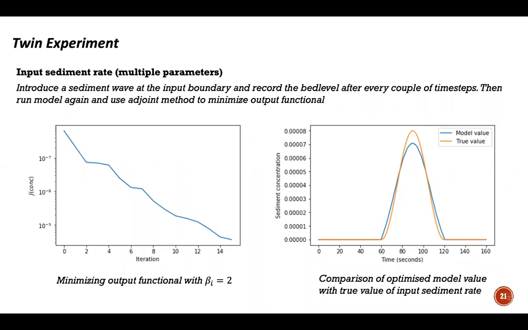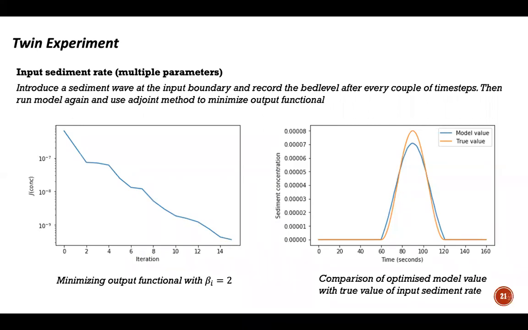We see that the functional reduces as the number of iterations increases, which is great. Here, obviously, we've had to use a regularization term just to keep the output smooth. And on the right, you can see the model value and the true value. So I think it's a pretty good approximation.